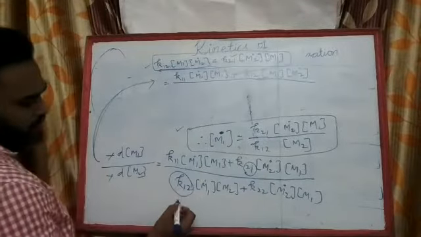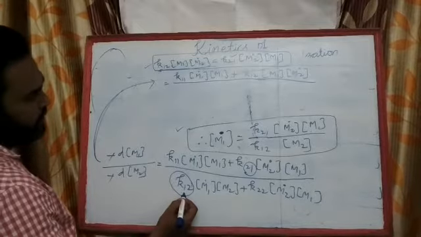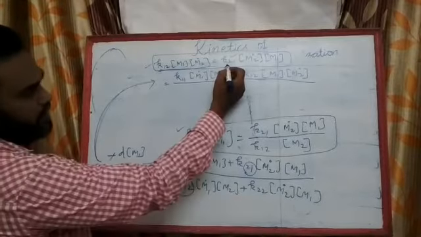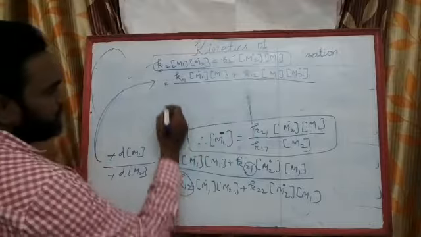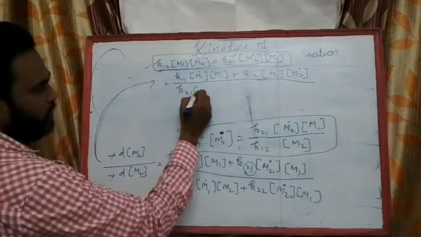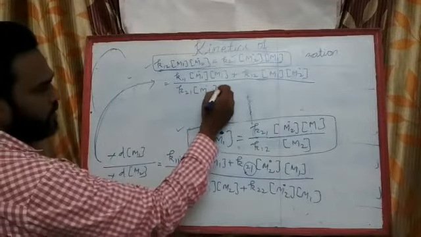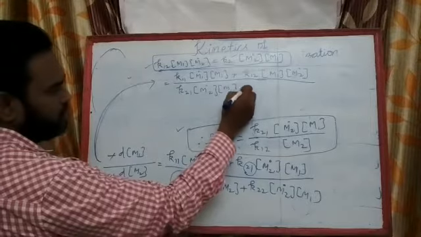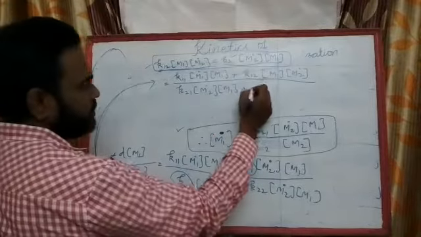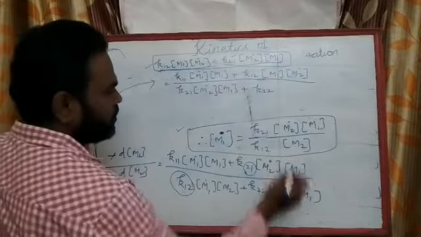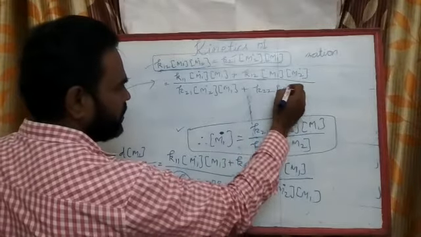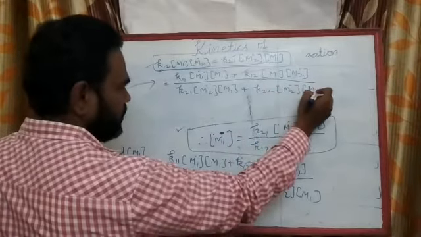Now in place of K12 I can write K21, so K21 M2 dot M1 plus K22 M2 dot M2.